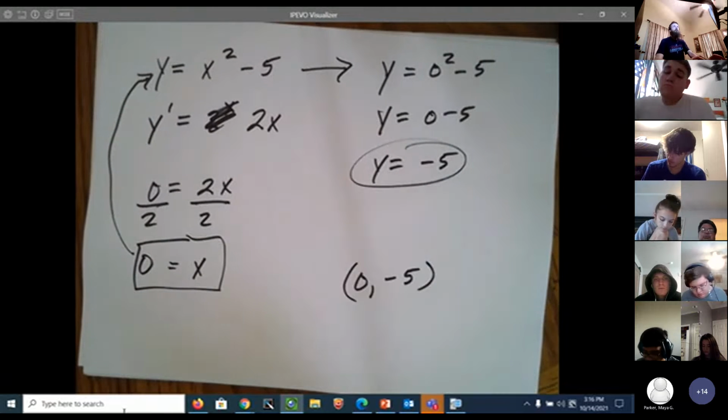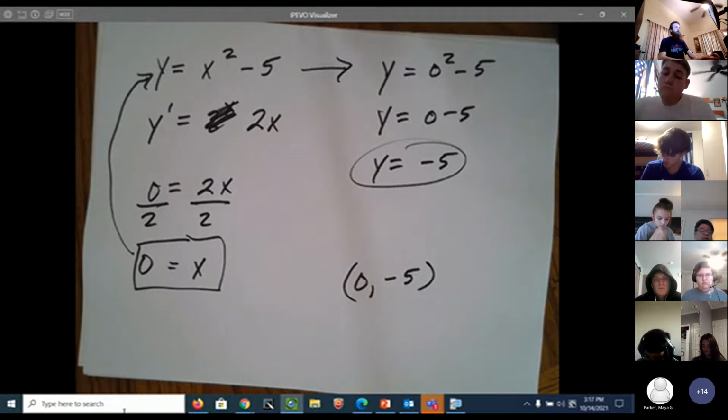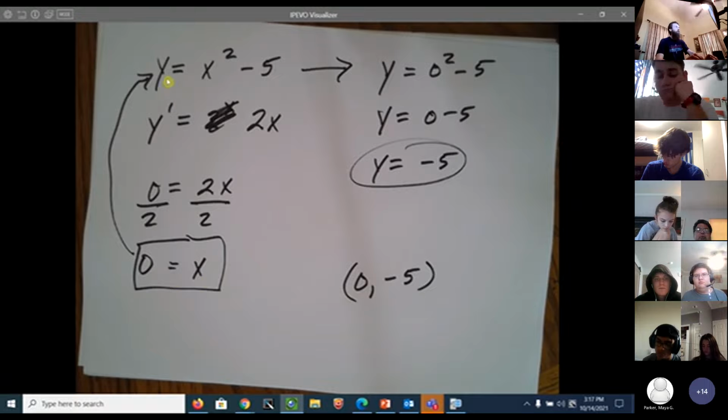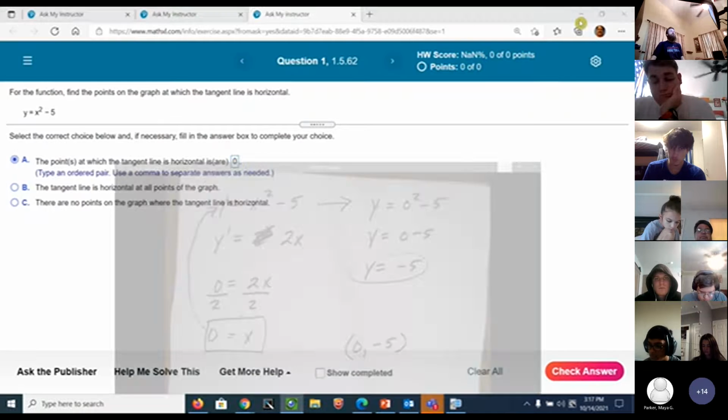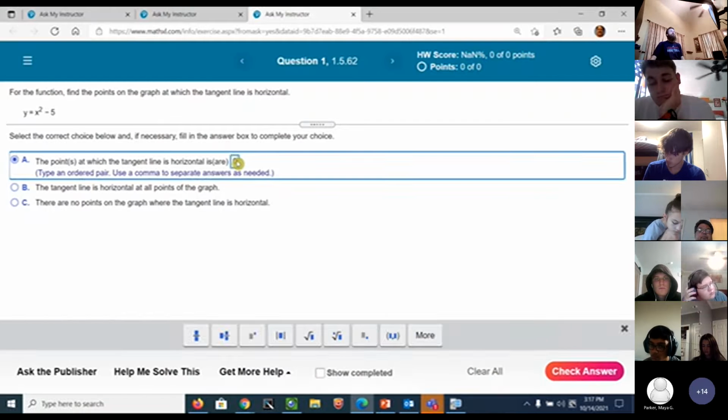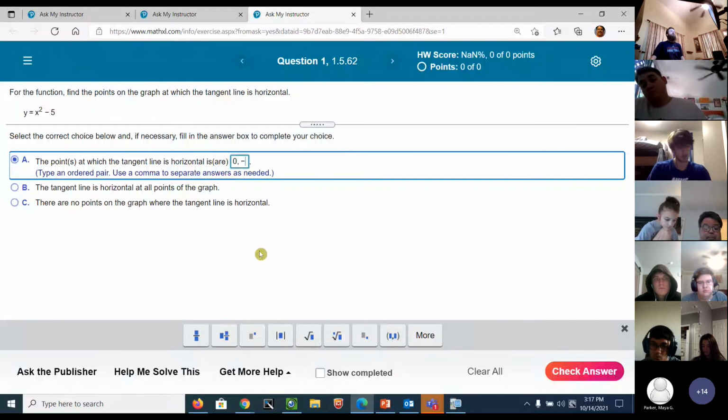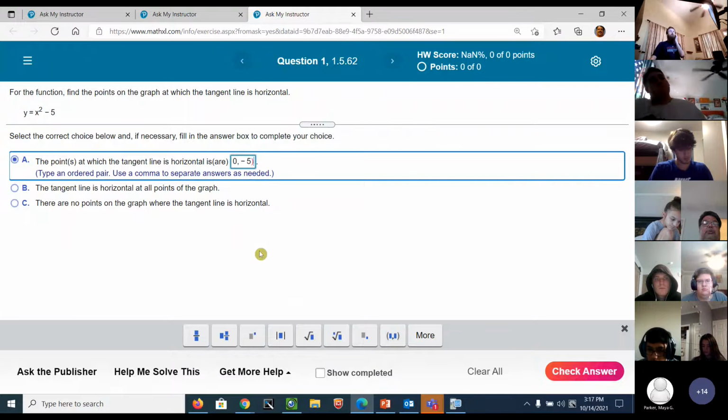That's how you find the x and the y. Find the x with the derivative, and then you plug that answer back into this to get the y. So (0, -5) should be your answer. And I better put parentheses around it or it'll have a conniption about that too.